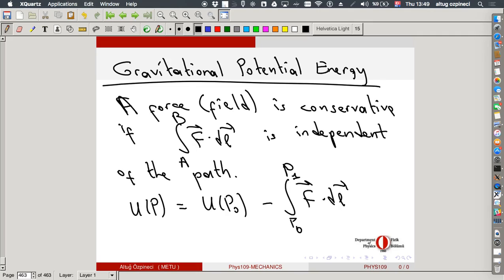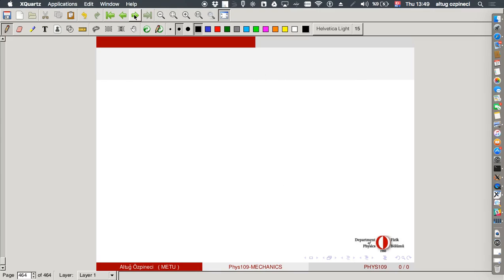And we would like to say that if I am doing work, it is stored in the potential energy. Question? So that's basically why we put the minus sign over here, so that this whole quantity over here is the work that we do if we want to move the mass from its initial configuration to the final configuration with zero kinetic energy.